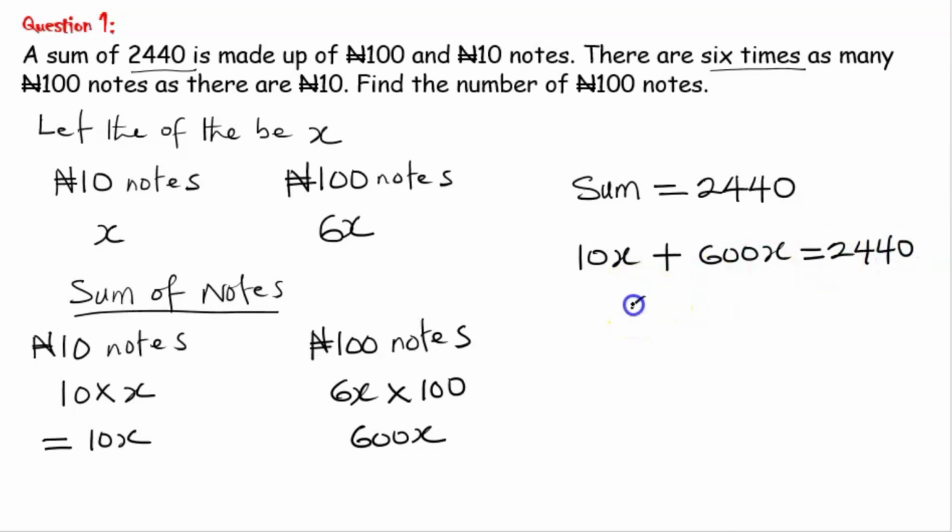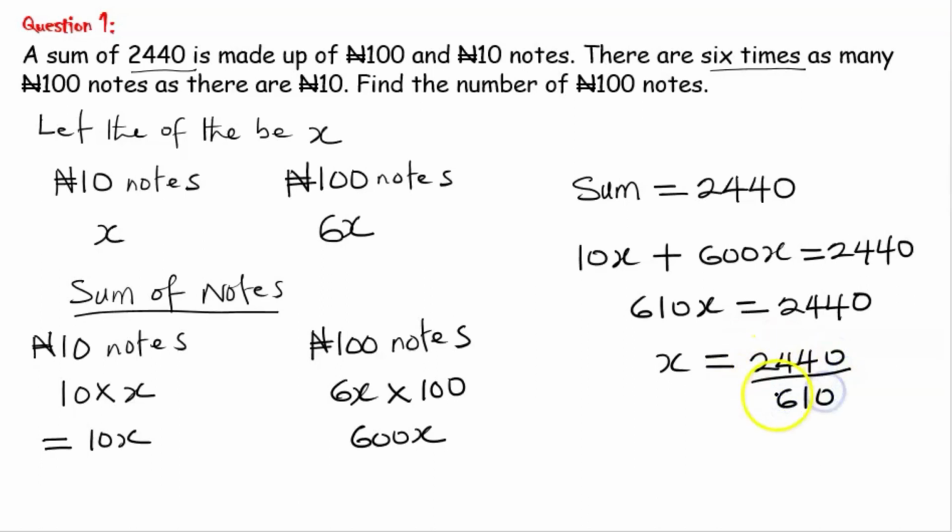When we do this, we are going to have 610X equal to 2440. So the number of notes, denoted by X, is now going to be 2440 divided by 610. I believe we are following this.